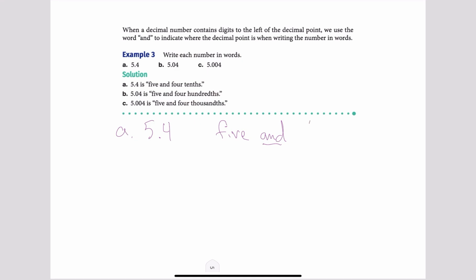And then we list the number and then its place value. So 4 tenths.